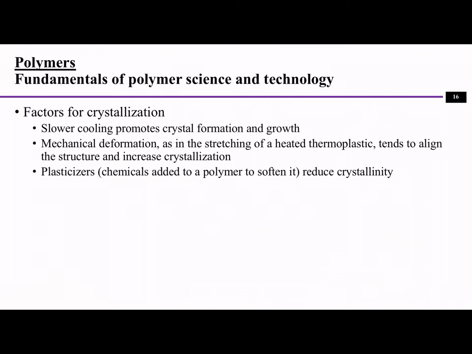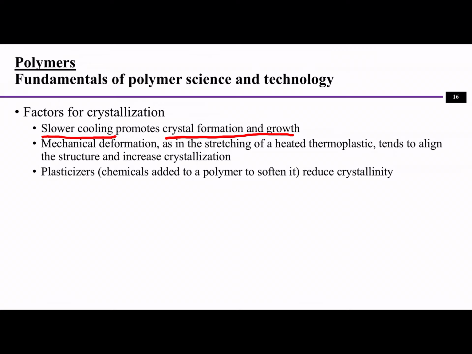Different factors will affect crystallization. One is cooling time. If you cool the material more slowly, it actually promotes crystal formation and growth. Think of glass: when we're making glass, this is basically slow cooling.